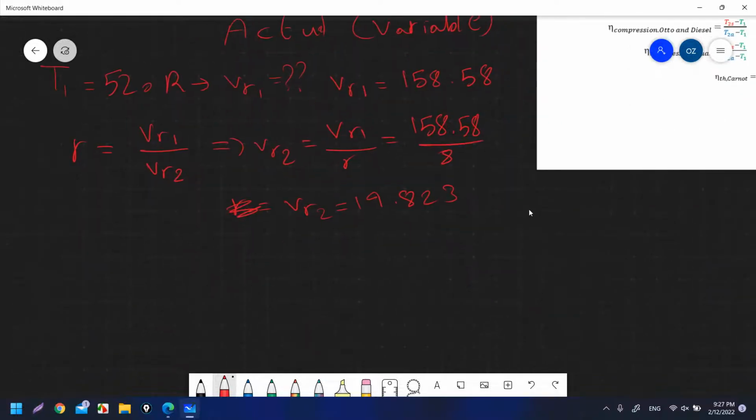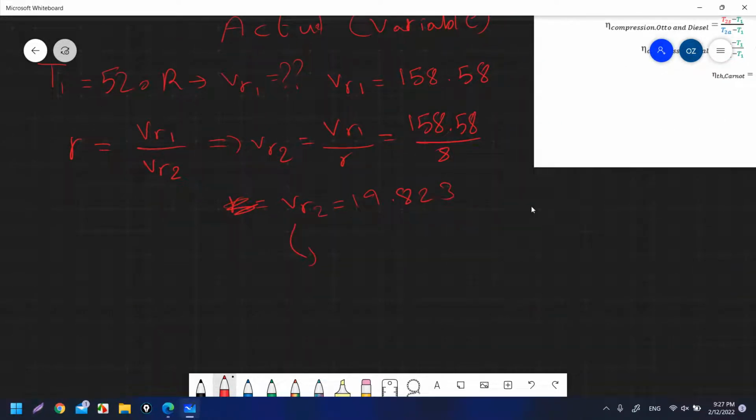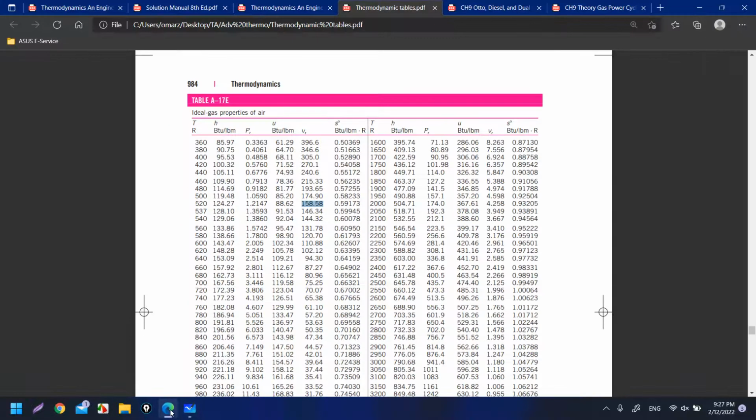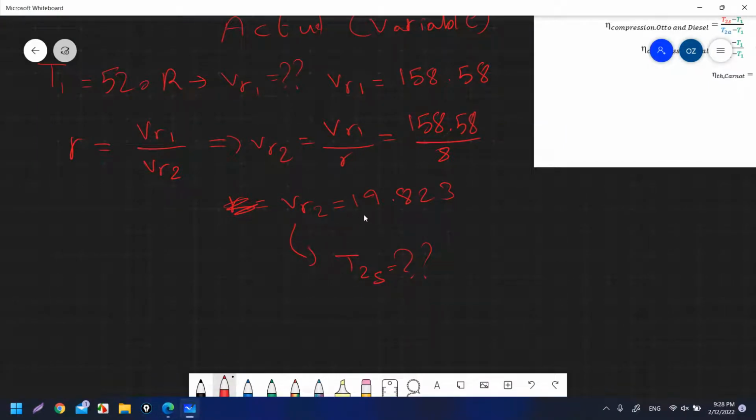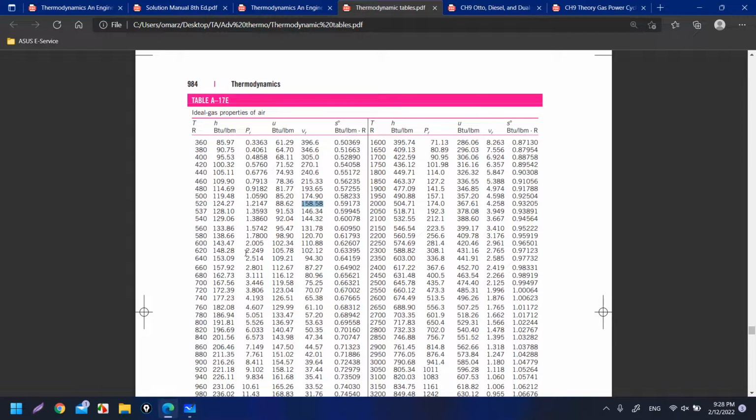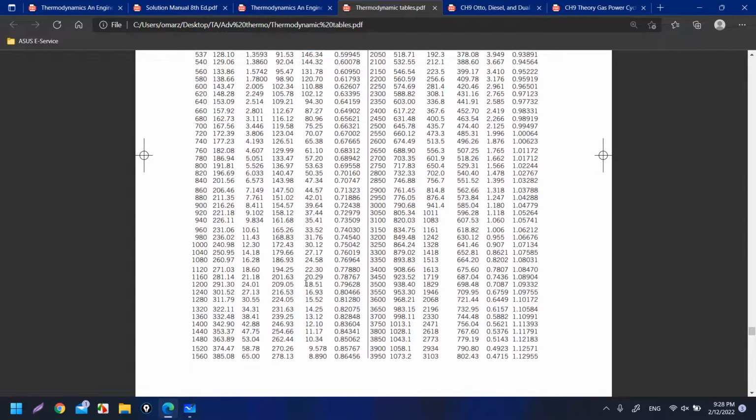I will use this VR2 to find T2S. First we will find the ideal, then we can use the isentropic efficiency to finally find the actual temperature. So VR2 is 19.823, so I will search for 19.823.